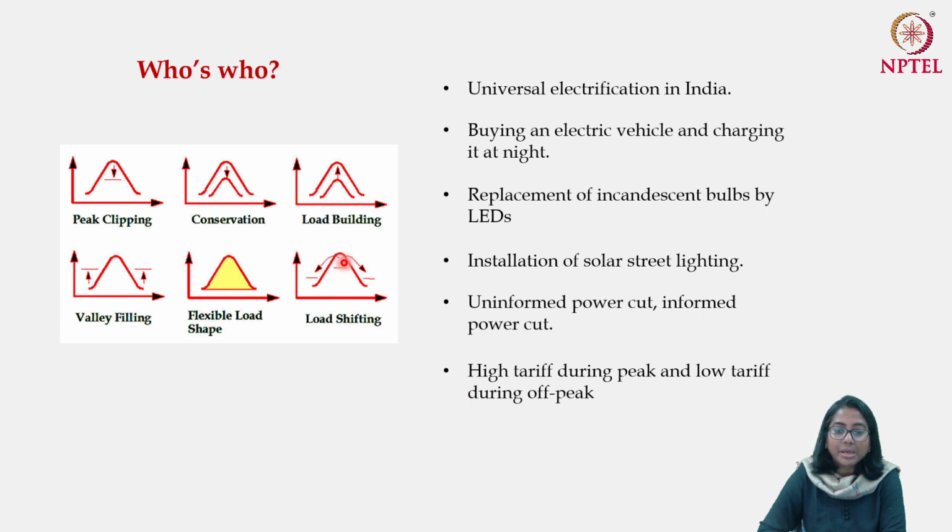So if during the peak period you increase the price, there will be a tendency of individuals to reduce the demand, whereas if you reduce the price during the off peak period, they'll try to use more during the off peak period, and probably there will be a shift of load from peak period to off peak period, leading to load shifting.